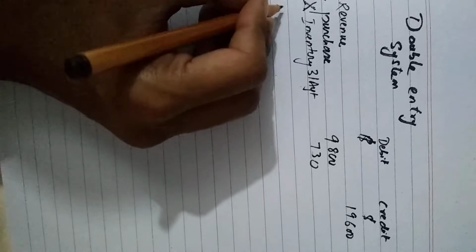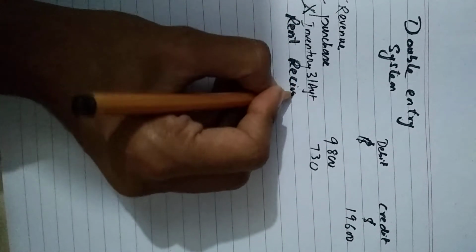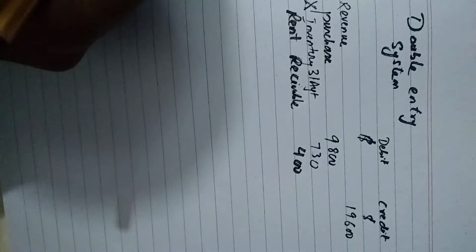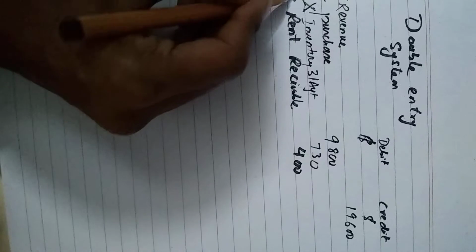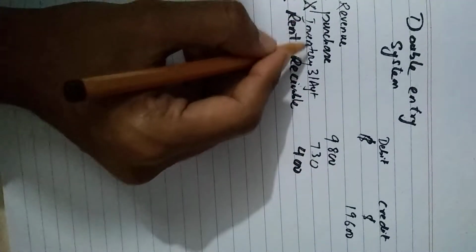And rent receivable, 400. Rent receivable is also our income, so it is not written in debit. Income is always recorded on the credit side, so it is also wrong.